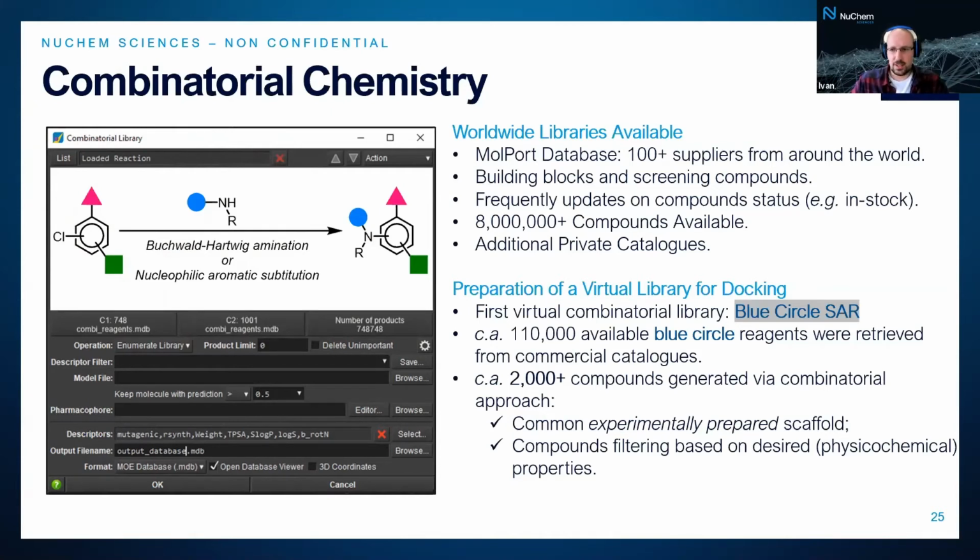Our initial search led to the identification of a bit more than 110,000 amine building blocks that were subsequently applied in the combinatorial library in MOE. Out of the potential 140,000 possible compounds, several physicochemical descriptors were applied to filter the results, leaving a bit more than 2,000 virtual compounds to be evaluated by docking.